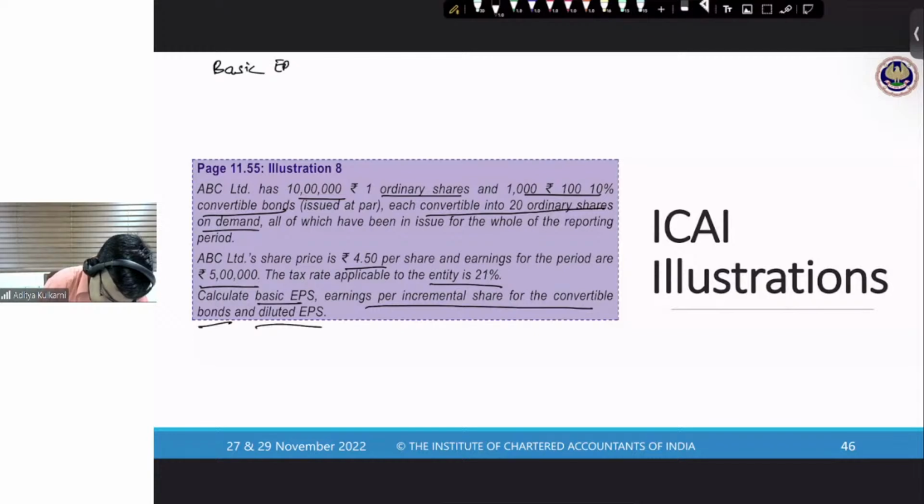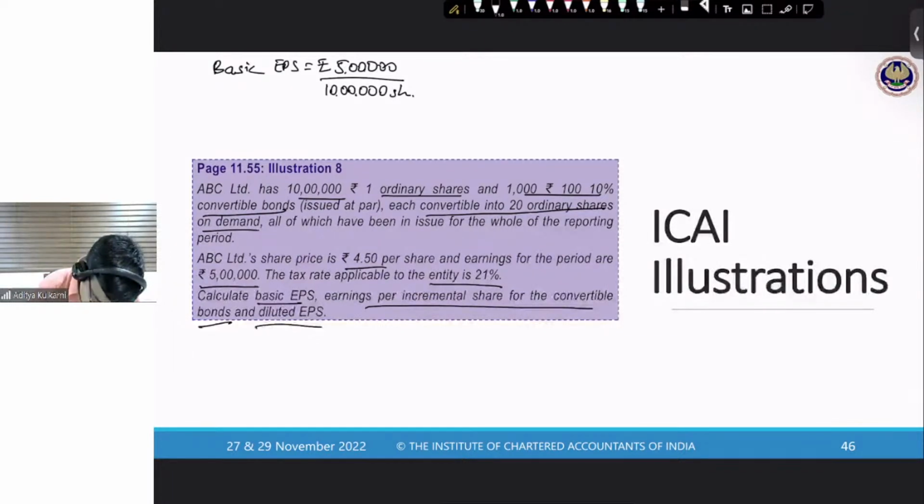I'm writing here only because it's not that big an answer. Okay. So basic EPS is 5 lakhs divided by 10 lakh shares.